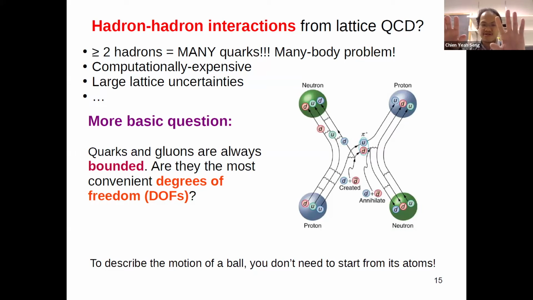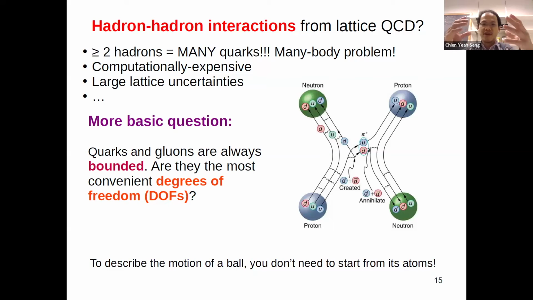So the so-called signal-to-noise ratio becomes very small, and then you are not getting reliable results, and there will be a lot of lattice uncertainties.